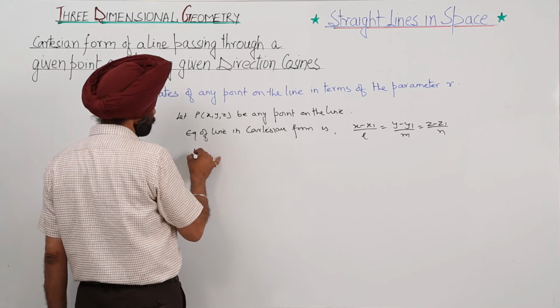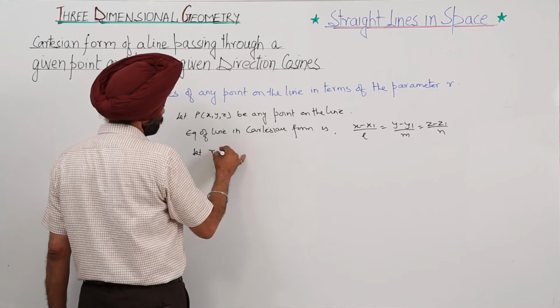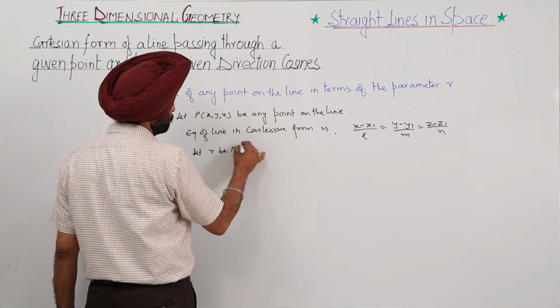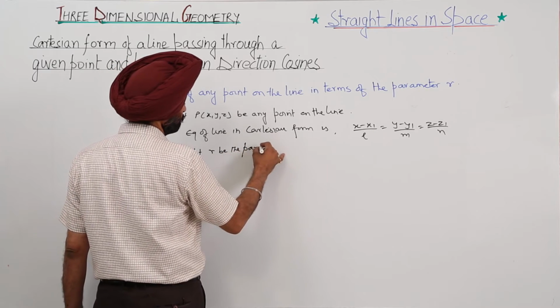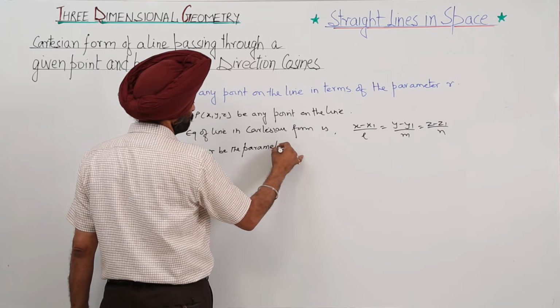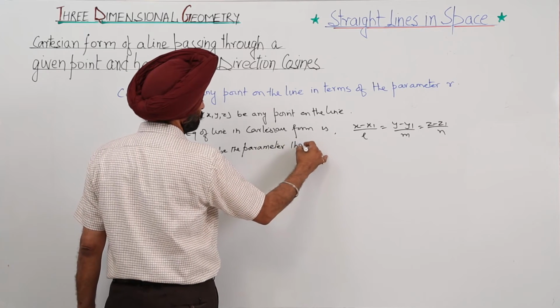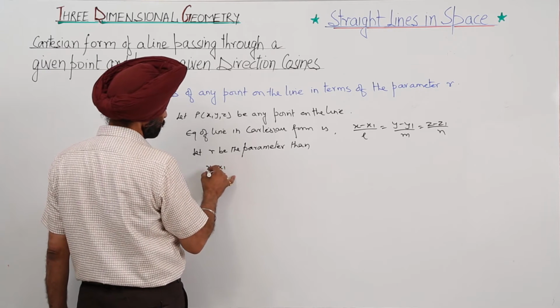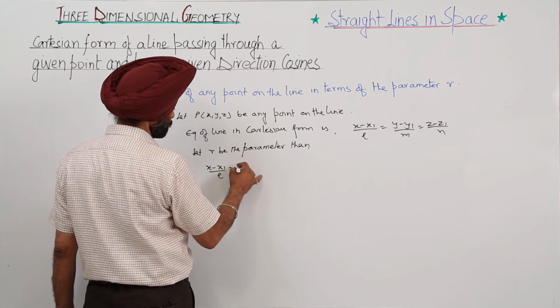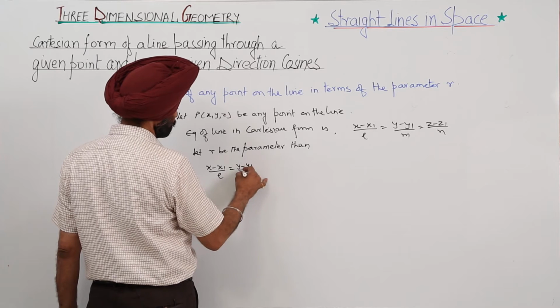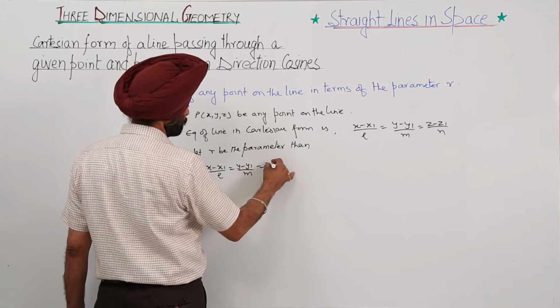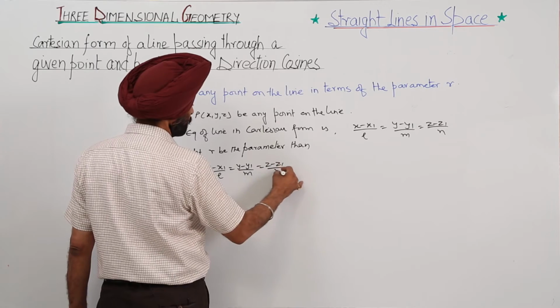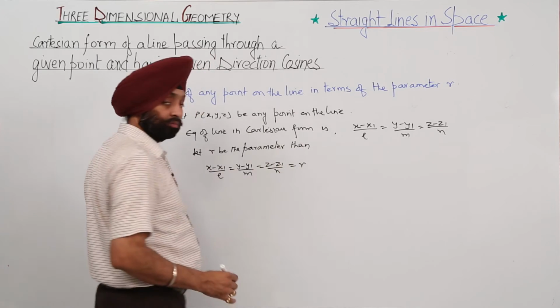Now let r be the parameter, then (x minus x1)/l = (y minus y1)/m = (z minus z1)/n = r. Okay.